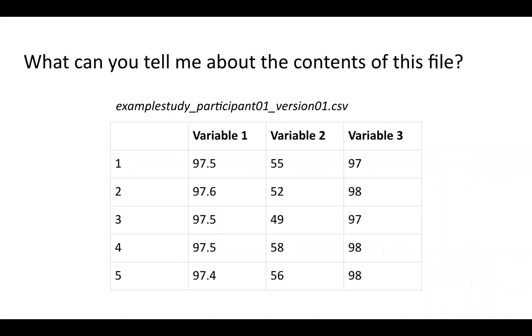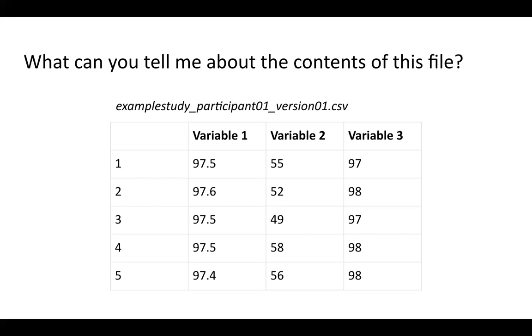Using that naming convention, the new name of our file, example study underscore participant 01 underscore version 01.csv, includes the name of our study, a participant ID number, and our version number. So presumably this file would also be accompanied by some documentation that describes the contents of the file and any changes between this and subsequent versions.